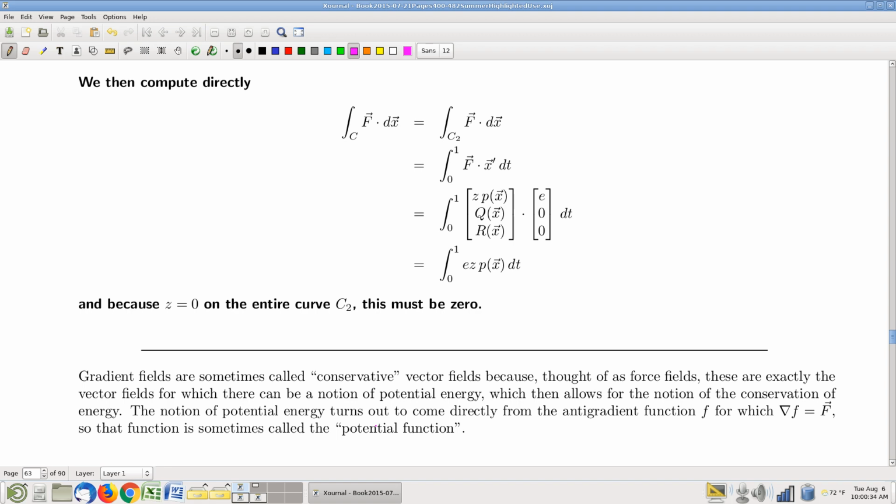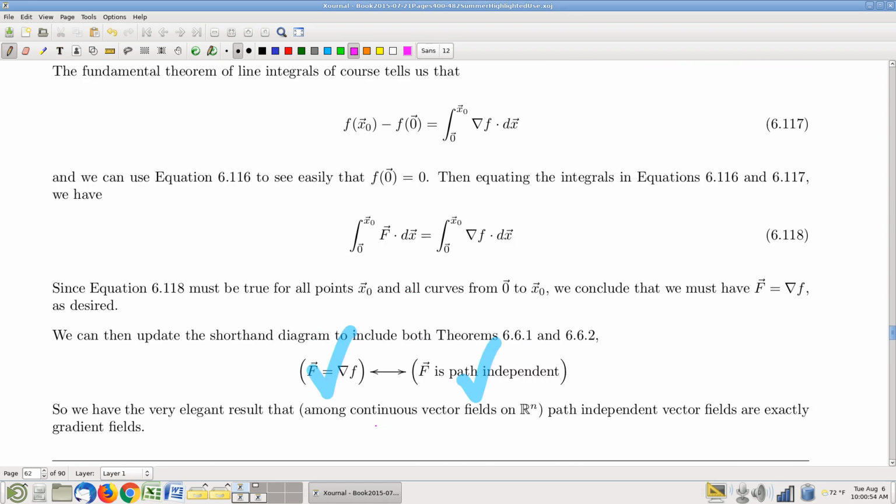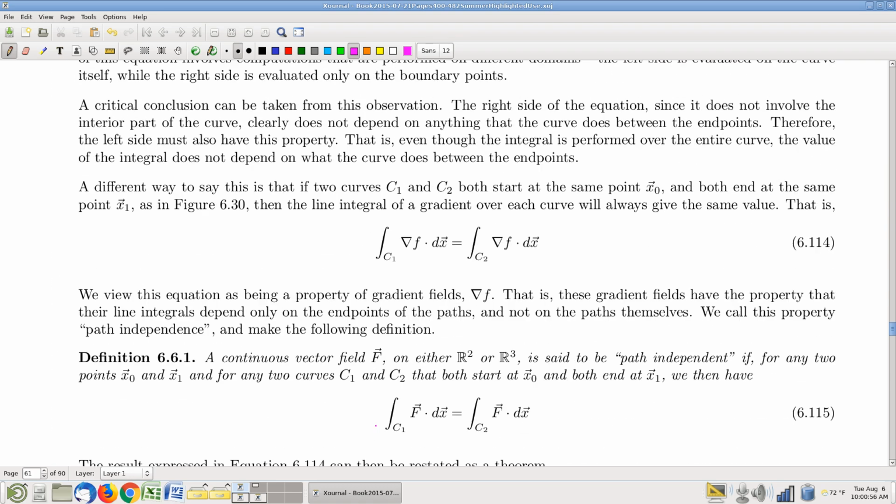One of the biggest ideas of mechanics disappears, right? You can't have conservation of energy if you don't have potential energy, and you can't have potential energy until you convince me that all of these line integrals are going to give you the same value, no matter which path you take. Said differently, you can't have potential energy until you have the idea of path independence.